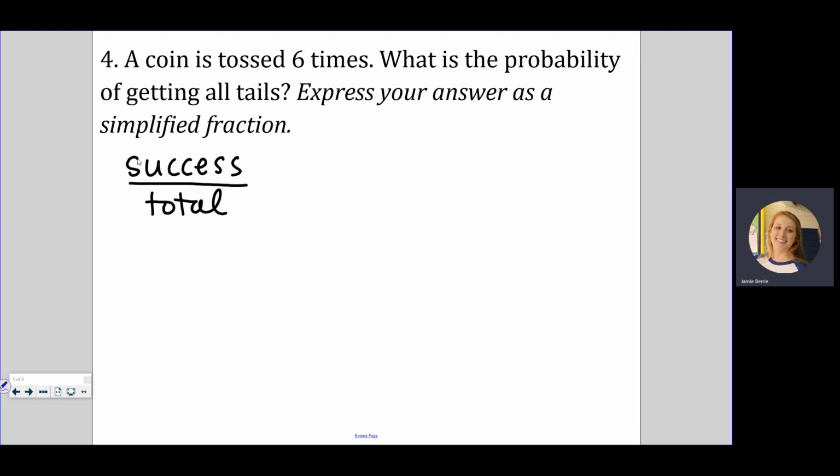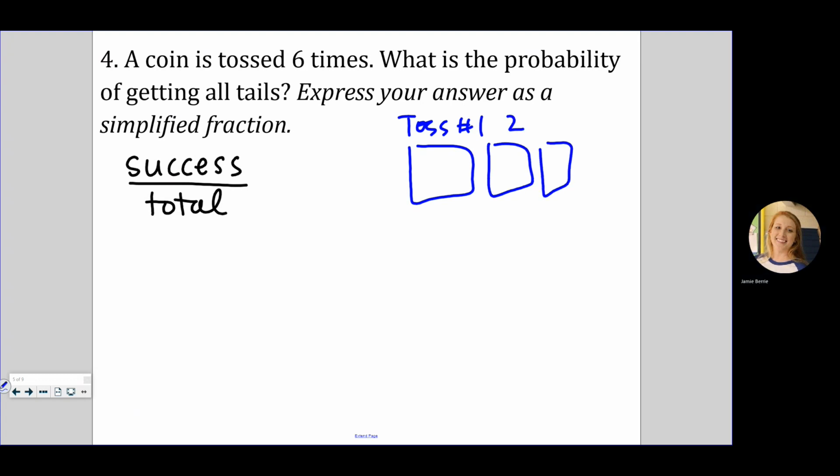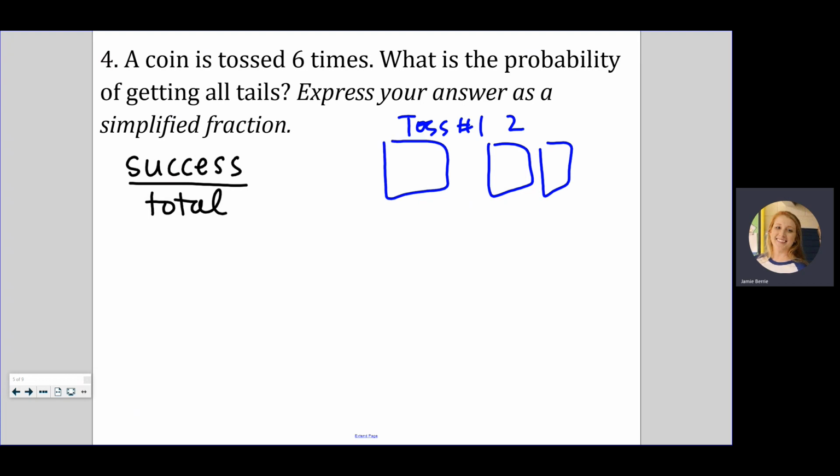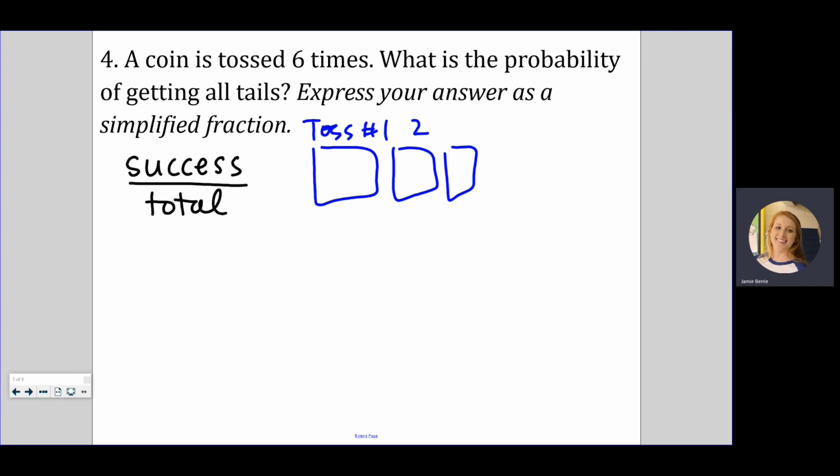to figure that out. We have one coin and we're tossing it 6 times, so this would be like toss number 1, toss number 2, 3, 4, 5, 6. Naturally, I haven't given myself enough room here.